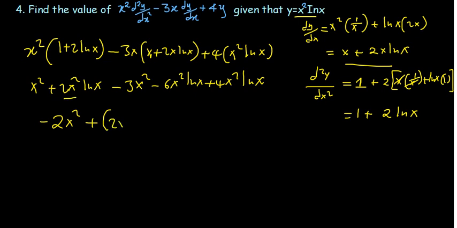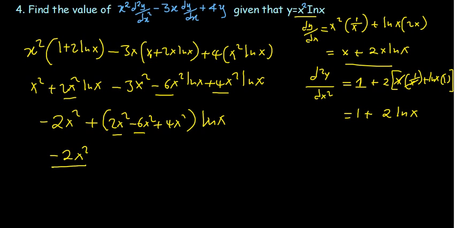We have got 2x squared, we have got negative 6x squared, we have got positive 4x squared, and then we have got natural log, so I'll factorize out natural log. So this will give us 2x squared minus 6x squared, that is negative 4x squared, and then negative 4x squared plus 4x squared, that is going to be a 0, and 0 multiplied by natural log will just be a 0. Therefore the value is negative 2x squared.